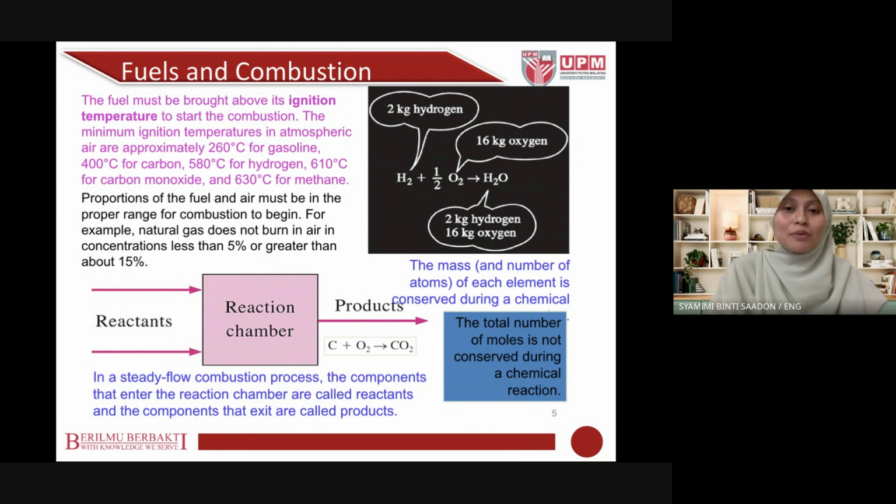We need to know how much proportion of fuel and how much proportion of air we need to add in order to produce the products that we want.